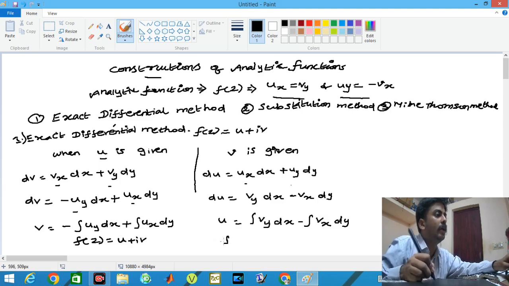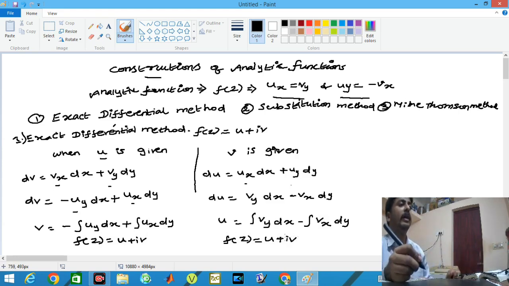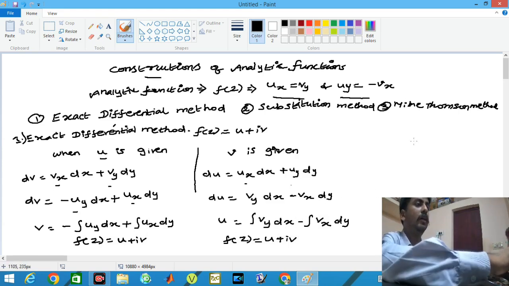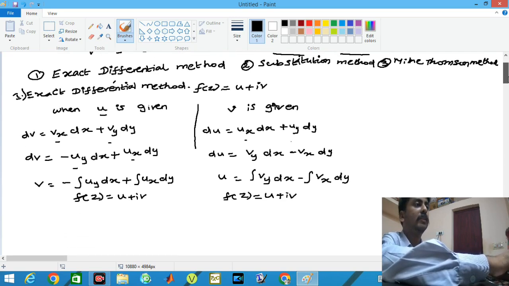Here also f of z equal to u plus iv. So from these two we can construct the function f of z.